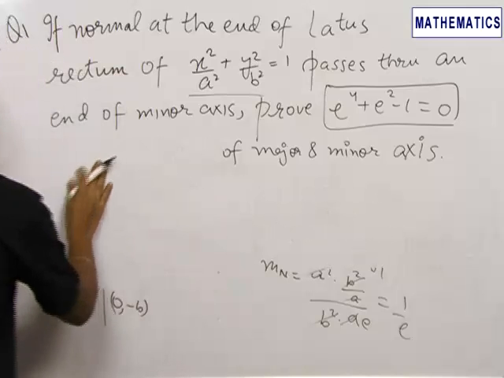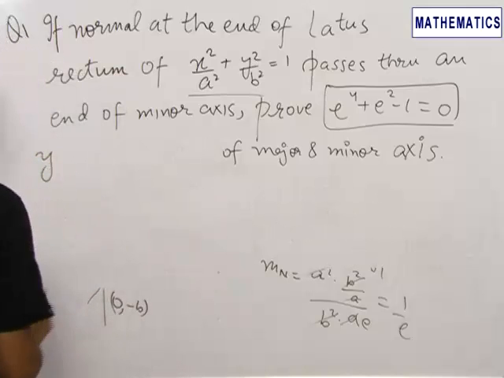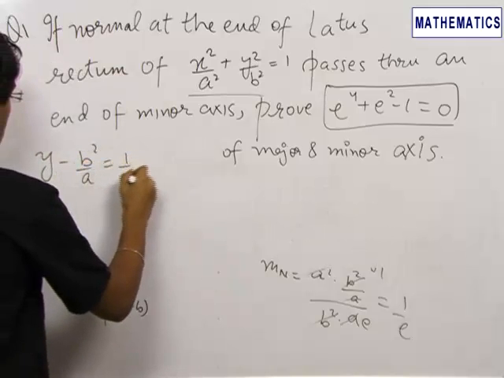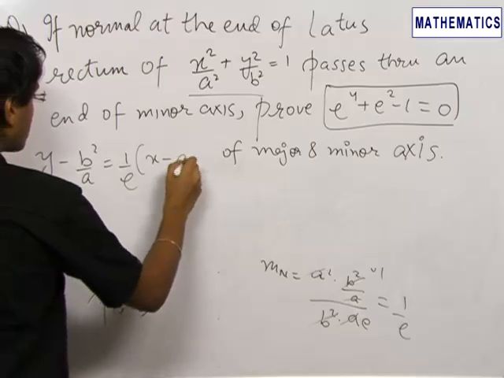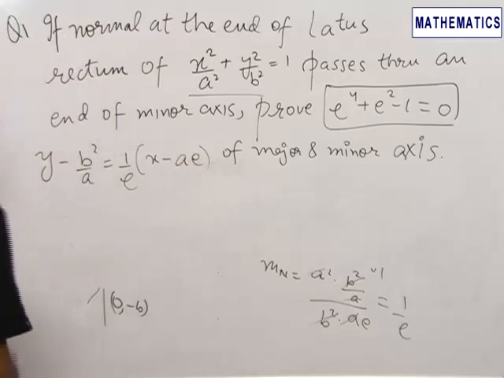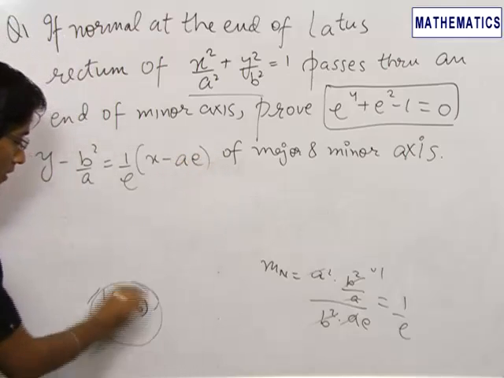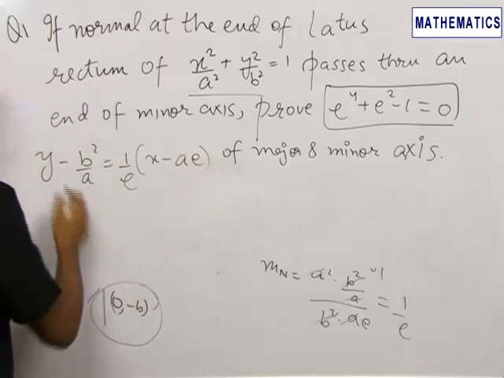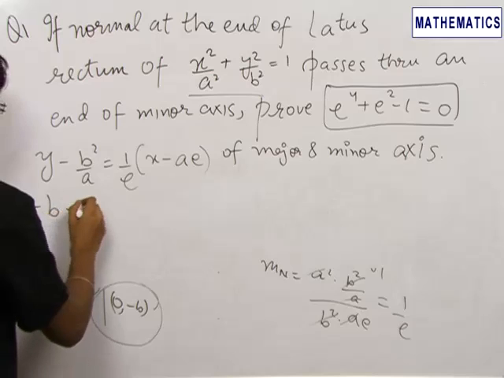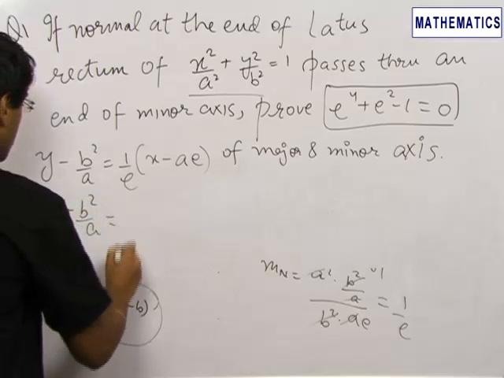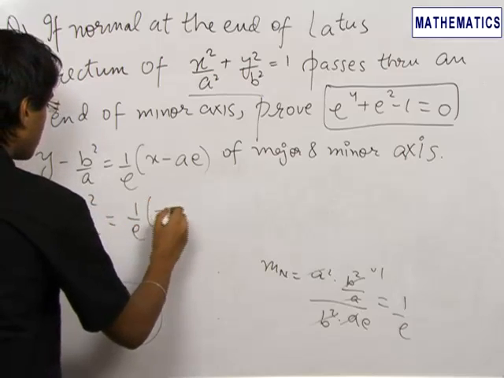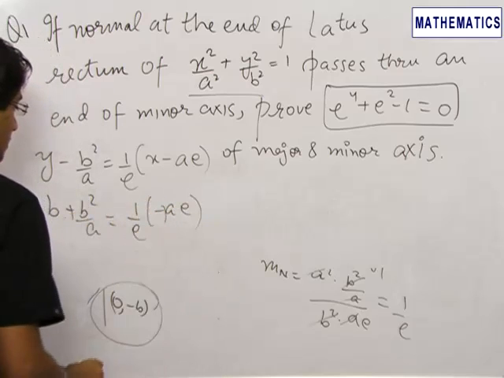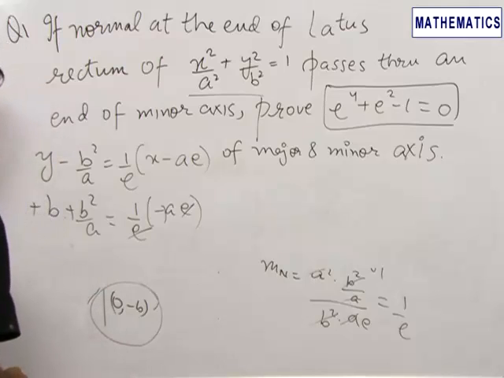So writing the equation of normal at the end of the latus rectum, we get y minus b square by a is equal to 1 by e times x minus ae. And since this normal passes through the end 0 comma minus b of the minor axis, putting x equals 0 and y equals minus b, we get minus b square by a is equal to 1 by e times minus ae. The minus gets cancelled, e gets cancelled.